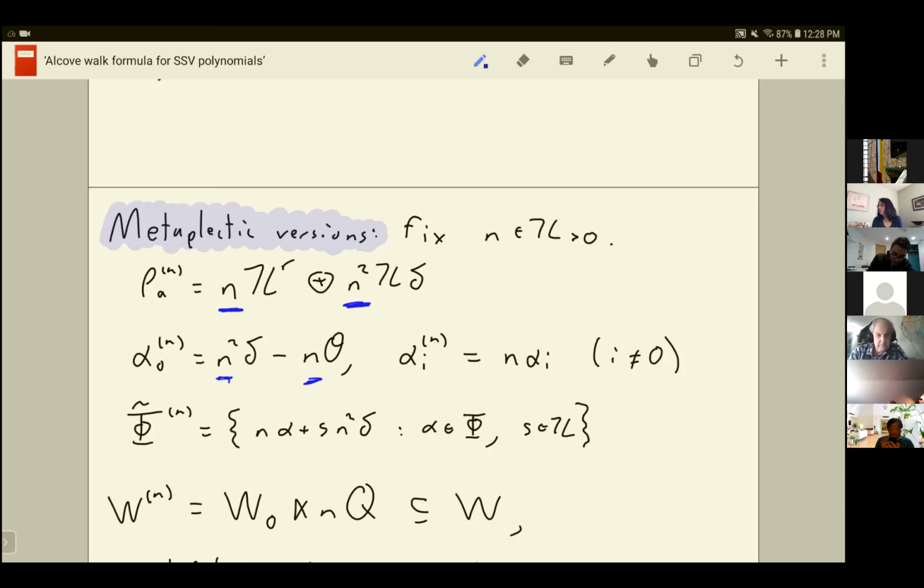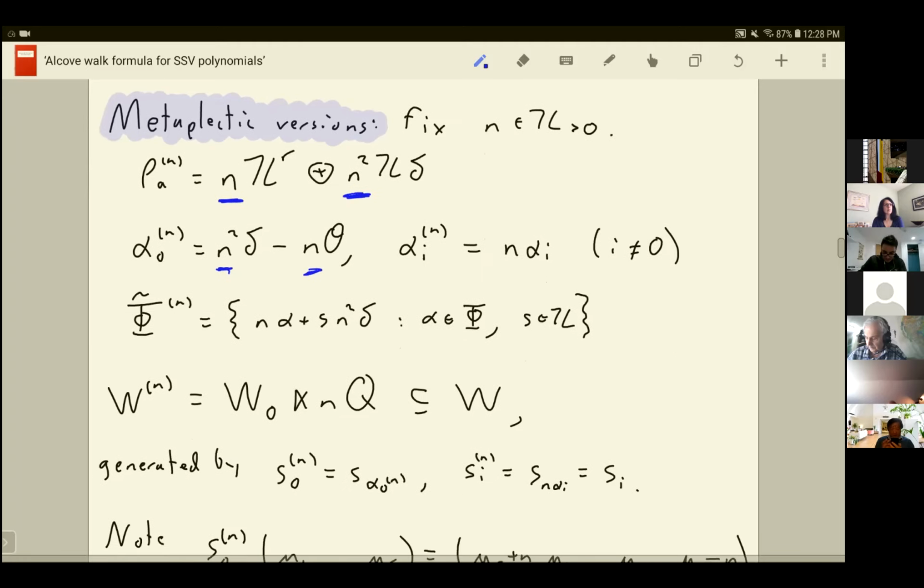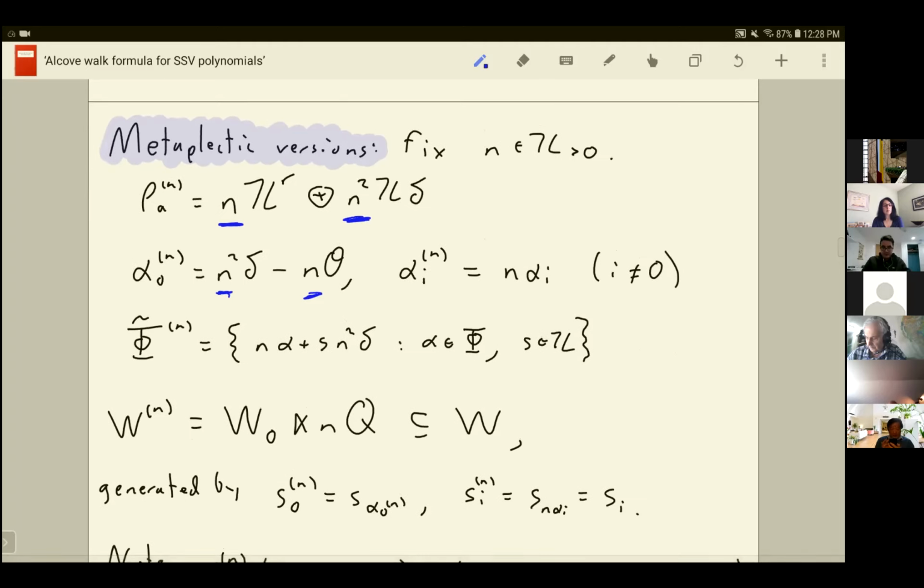The n squared in these formulas is calculated so that this works out, so that under the actions we described above, this is exactly what you get. The generators here are going to be S0n and these SIn defined in this way. They're reflections in the new simple roots.